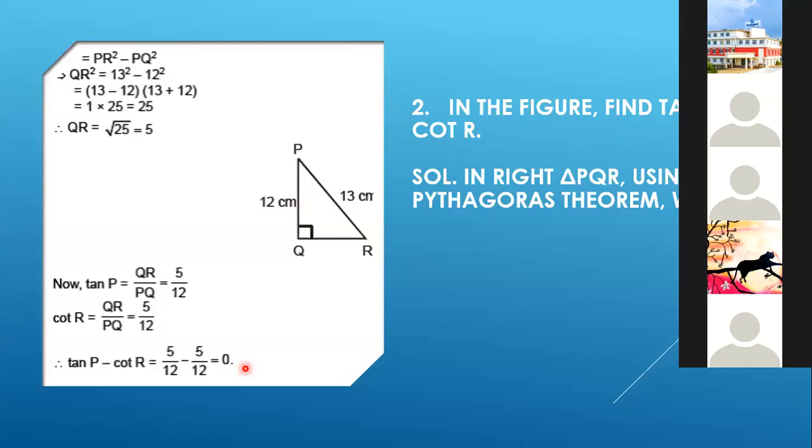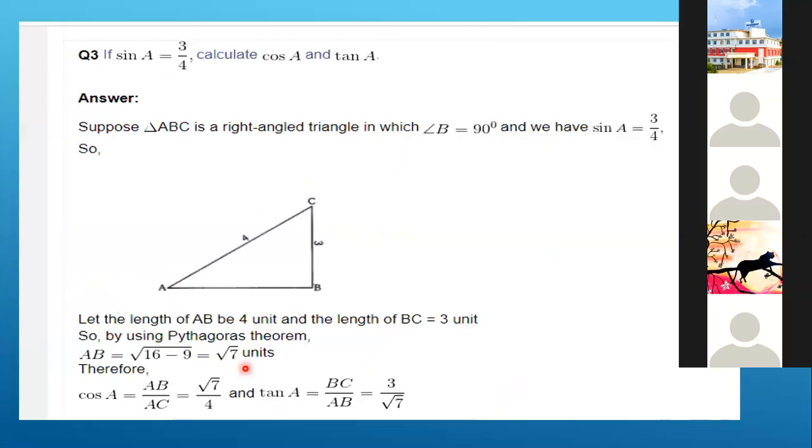Adjacent by hypotenuse. For angle A, adjacent value is AB, root 7, hypotenuse is 4. Tan A is opposite by adjacent, 3 by root 7.